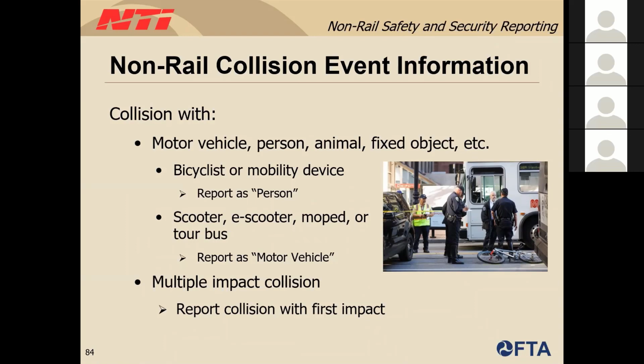Larger scooters, like small motorcycles, mopeds, and motorcycles, school buses, or dump trucks are all reported as a collision with a motor vehicle. Use the other selection only when no other selection is appropriate. In a multiple impact collision scenario, report the collision with as the first object impacted.